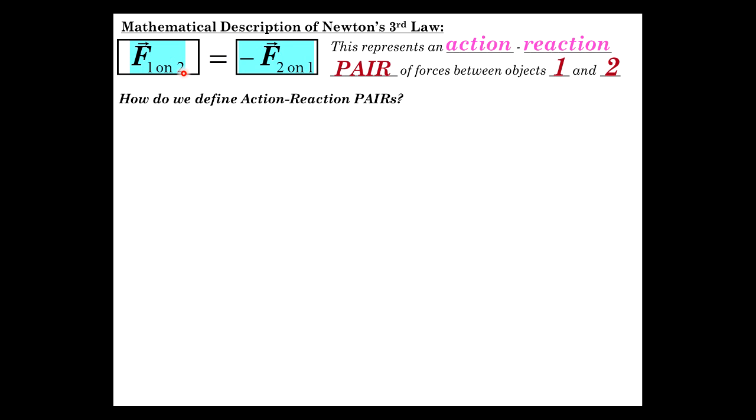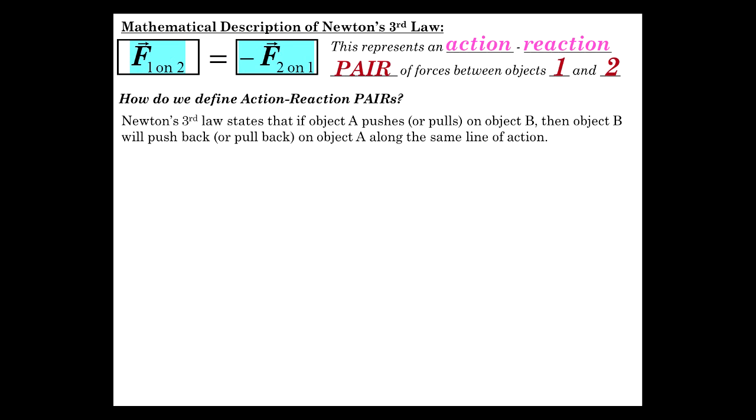So there's two objects, and they're interacting with each other. Now, how do we define action-reaction pairs? Third law, in essence, says if object A pushes or pulls on B, then object B will do the opposite, push back or pull back on object A along the same line of action.